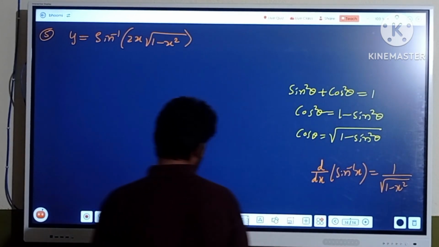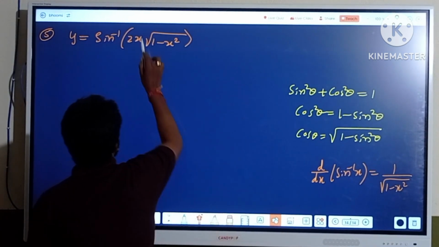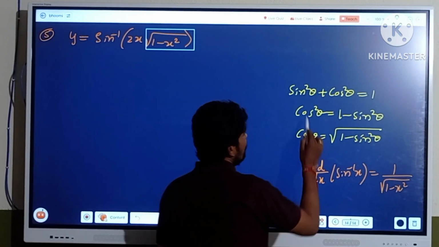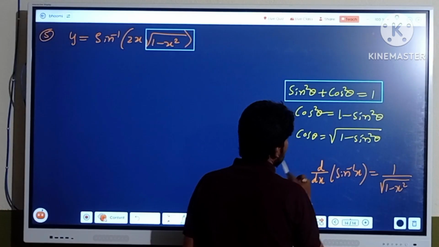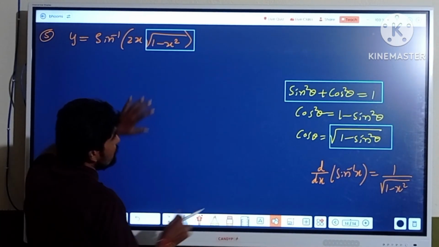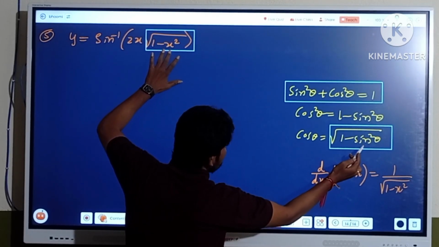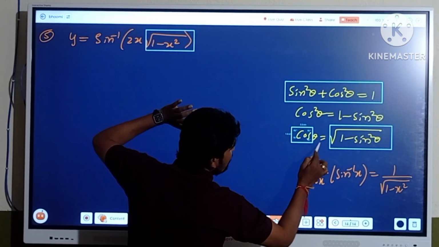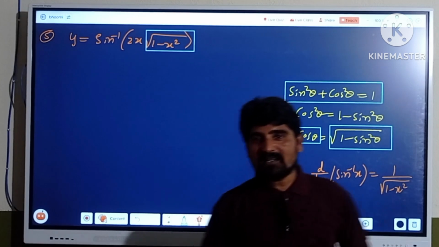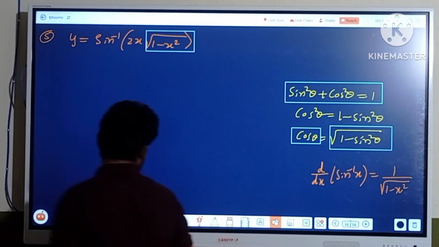Observe the terms in the given inverse trigonometric function: square root of 1 minus x square exists. We got by this basic identity, cos theta is root 1 minus sin square theta. So observe these two terms. If we replace x by sin theta, we get cos theta. So it is helpful to write the simplest form of this given inverse trigonometric function.